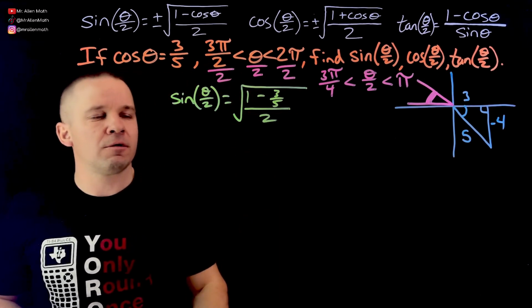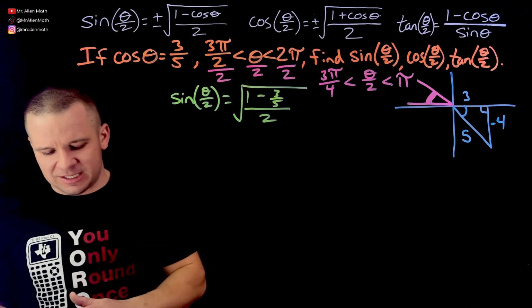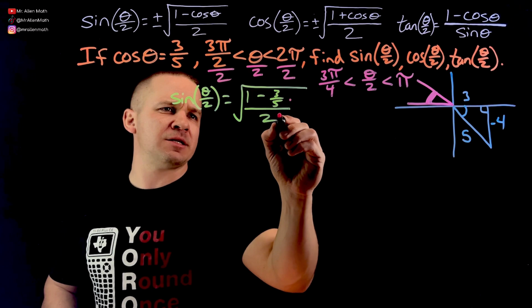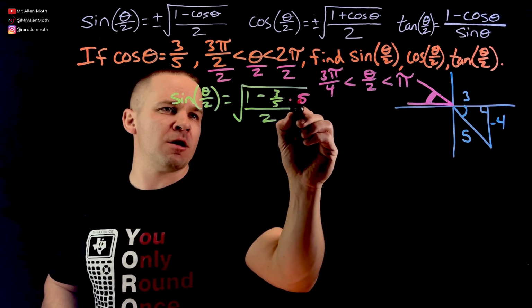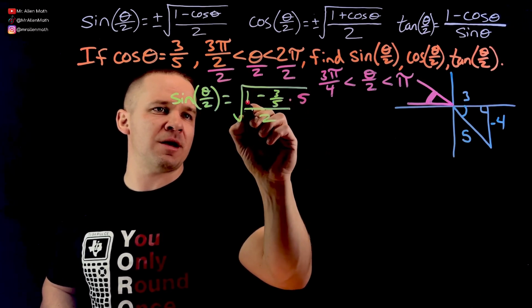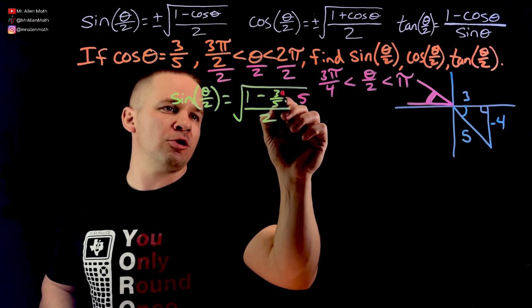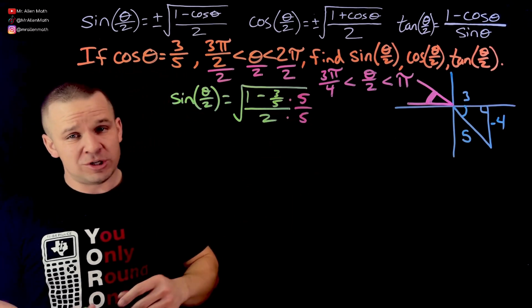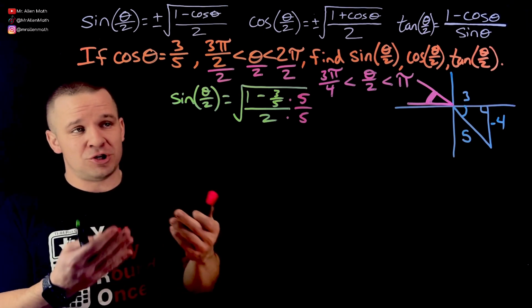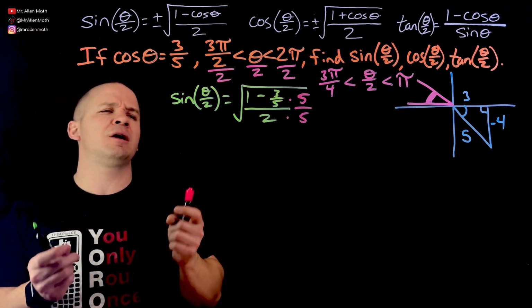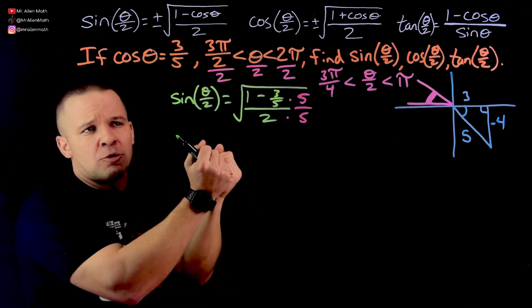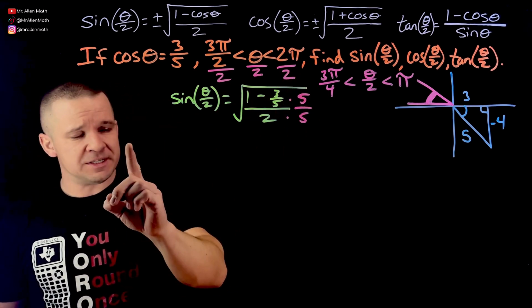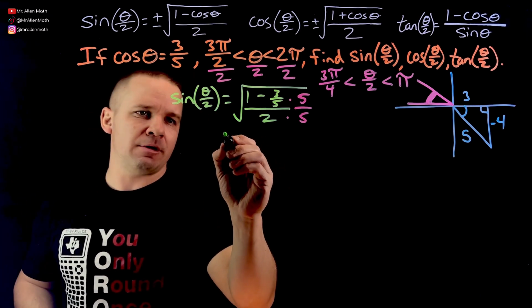Just 2. Now what do I need to do to simplify this and get it worked out? If I multiply the numerator by 5, it gets rid of this fraction and makes that a 5. But whatever I do to my numerator, I have to do to my denominator. So we're going to multiply by 5 over 5, which is like multiplying by 1, which doesn't change anything, so it's equivalent and totally legal.